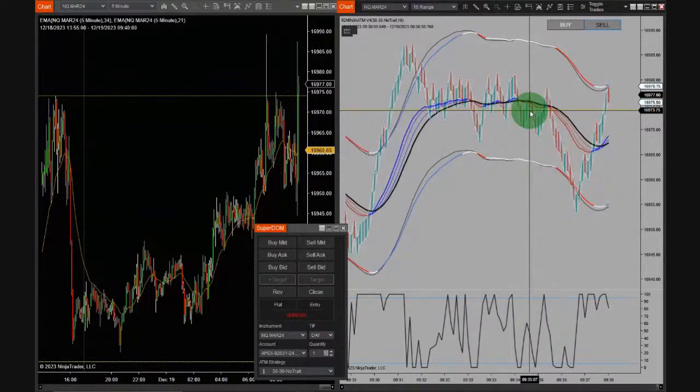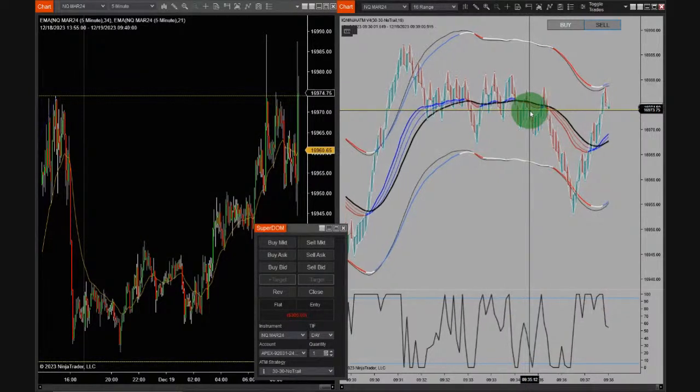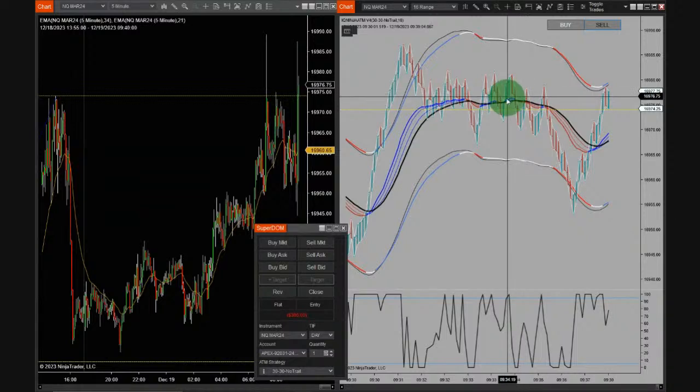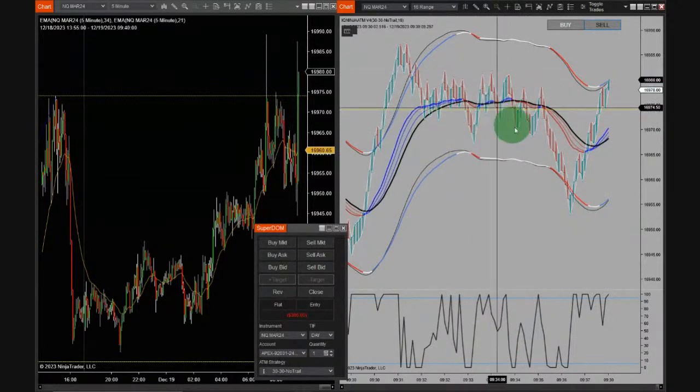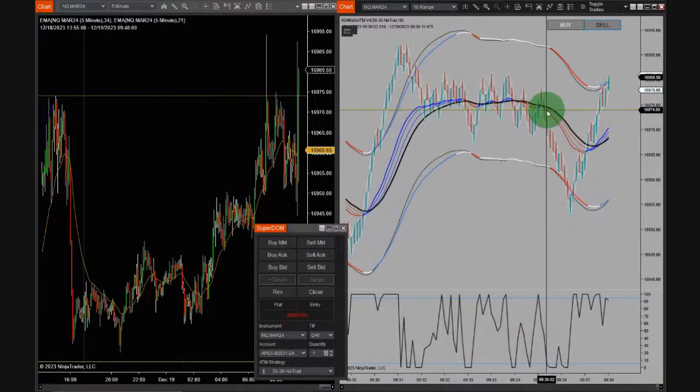I don't know the exact percentages, but I do know that in a trend, the pullback and resumption of the trend happens and works out and gives me 30 ticks more often than it does not.